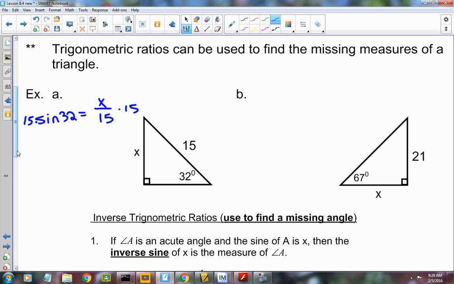So in my calculator, I'm going to type 15 sine of 32, and that's going to give me my answer. Sometimes you can put a times in between the 15 and the sine. Usually you don't have to. But 15 sine of 32. And hit enter, and you should get 7.9, because it doesn't say which place to round to.